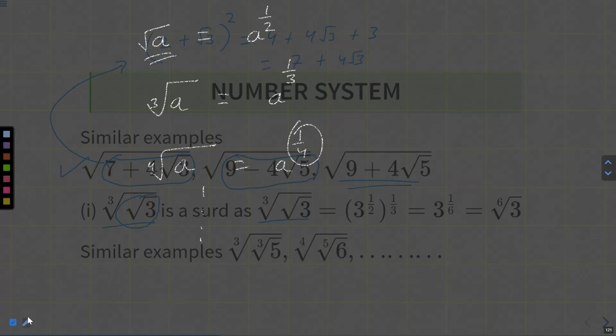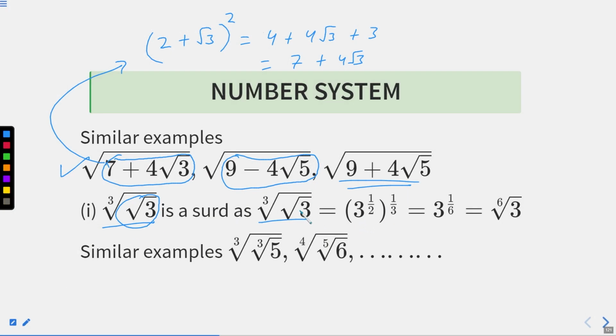Clear? So as it is given, we change root 3 to 3 raised to the power 1 by 2, and then the outer power is 1 by 3 also. We know that both the powers will multiply with each other. This will give me 1 by 6.